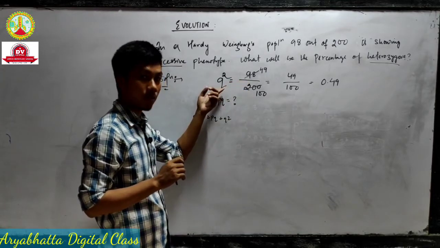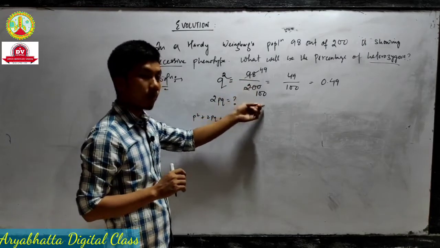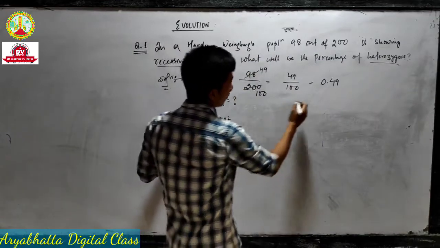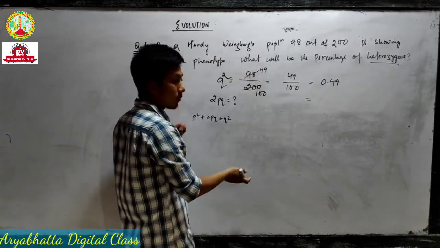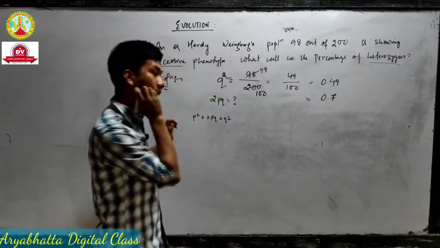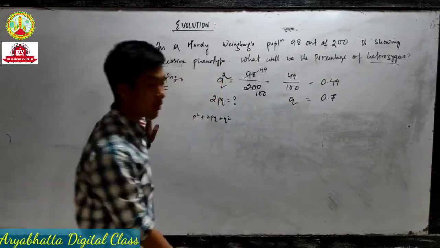That will be your q square, not q. So q square is given as 98 by 200, so we get 0.49. Remove the square, so we will get 0.7.